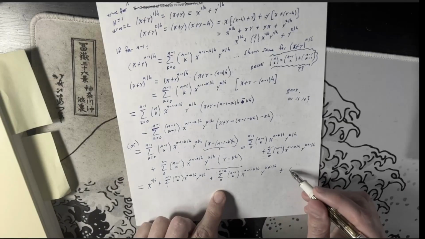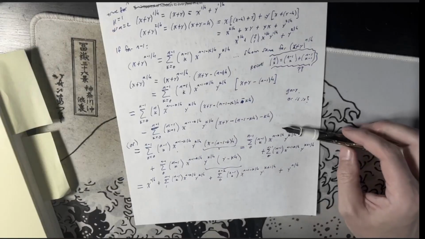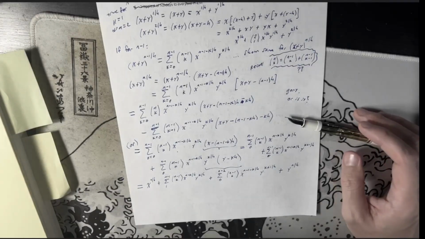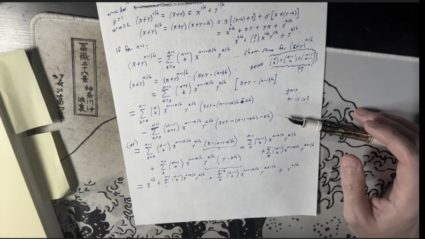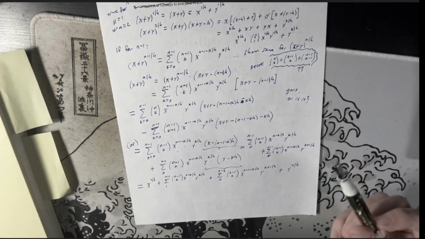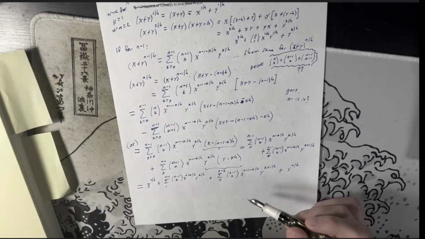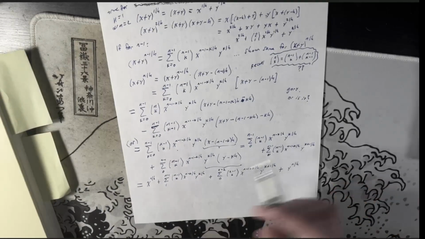So this is the last term, y to the n. Now, does anything magical happen if you replace one of these with our identity?